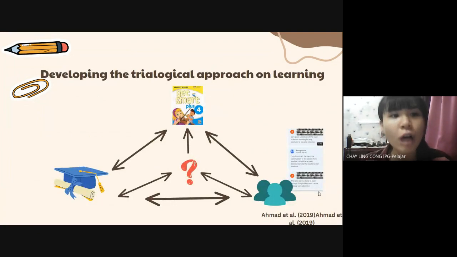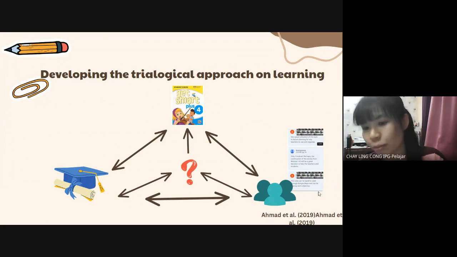So how are we going to develop the trialogical approach in this digital innovation product? I will apply the Get Smart Plus 4 textbook for the Year 4 students to make a trialogical relationship between education and the learning communities, which is supported by Ahmad and other experienced writers.